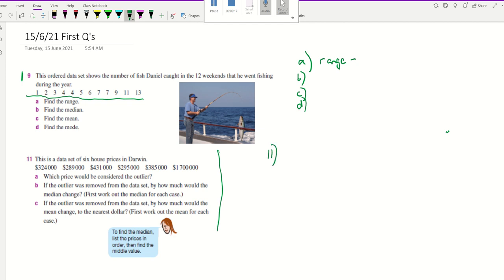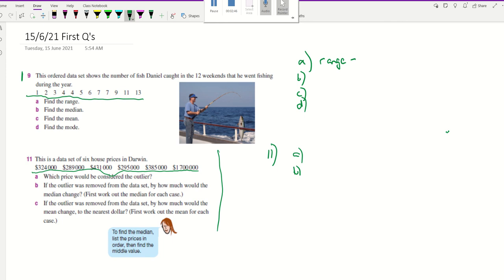All right, now this next question, you may or may not get to. This is more for those students who get through the questions a bit quicker. Again, it's a set of data, and this is house prices in Darwin. Now, these numbers that I'm underlining very wonkily are the prices. What we can see here is that the first 5 prices are pretty similar, and then the last one is a lot bigger, and that is called, in general, an outlier.